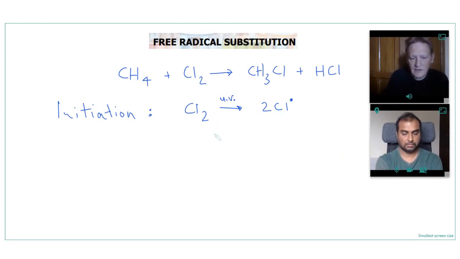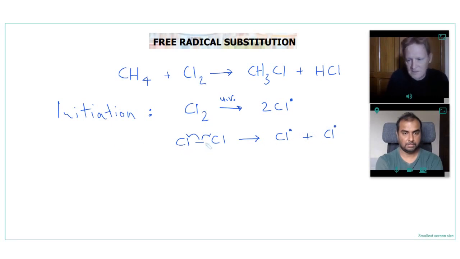And what's actually happening there is the chlorine bond is breaking evenly. So each chlorine is taking 1 electron from the covalent bond. So we get 2 chlorine free radicals.